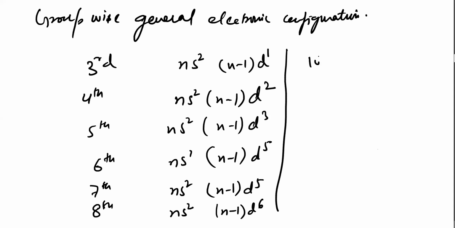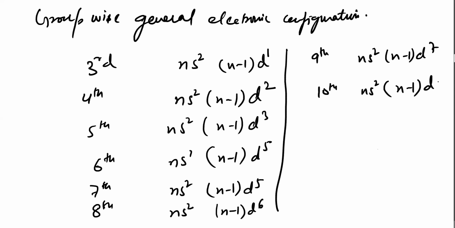Then the 9th group is going to have ns2 (n-1)d7. Then the 10th group has ns2 (n-1)d8.